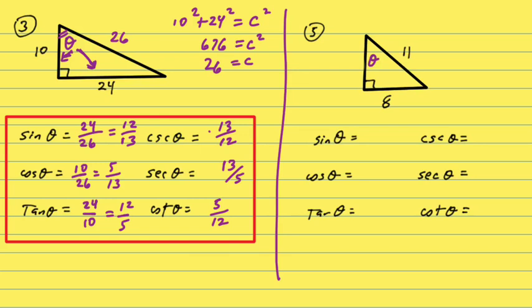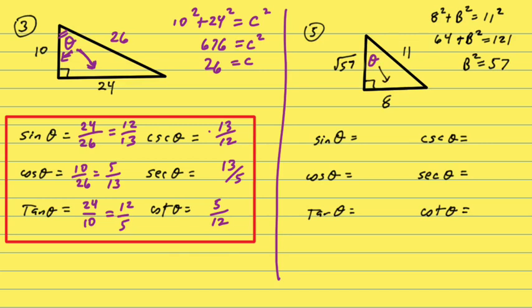So now I'm missing a leg. So I could say leg squared plus leg squared equals hypotenuse squared. 11 squared is 121. So you have 64 plus b squared equals 121. If you subtract 64 from 121, I think we get 57. So that makes this side radical 57, right?